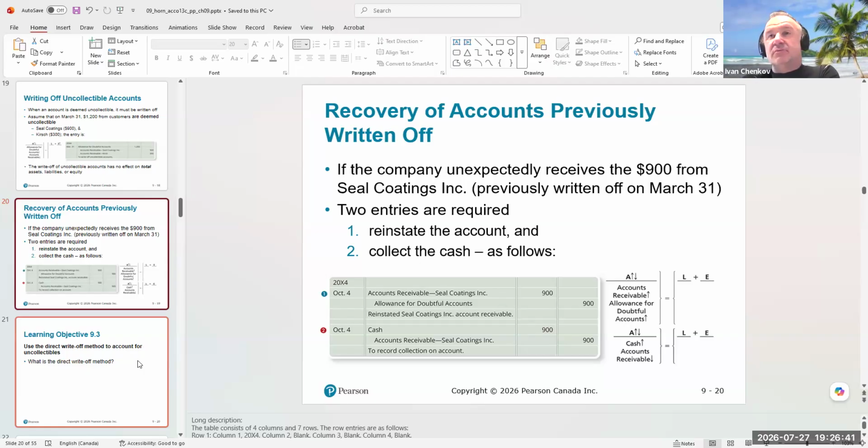In that case, since we already wrote off the accounts receivable, we have to bring the accounts receivable back by reversing the entry with which we erased it, which was debit allowance for doubtful accounts, credit accounts receivable. Now we flip it: debit accounts receivable, credit allowance for doubtful accounts. So now we have accounts receivable sitting and waiting, and then we debit cash and credit accounts receivable to clear that entry and show that the client has paid his balance.